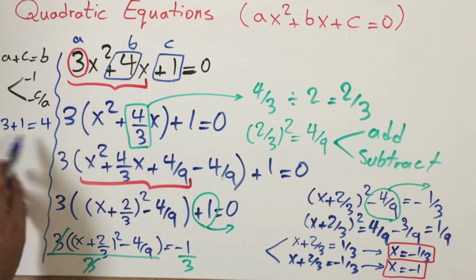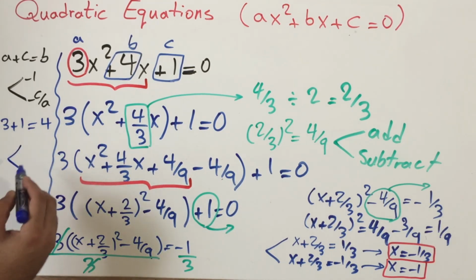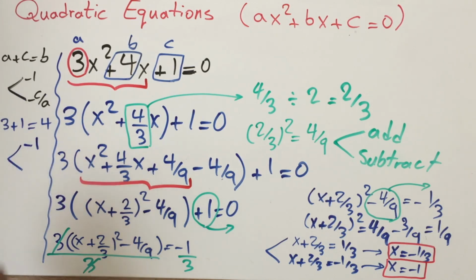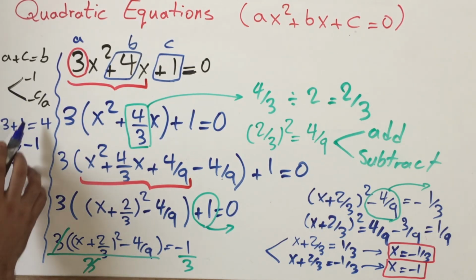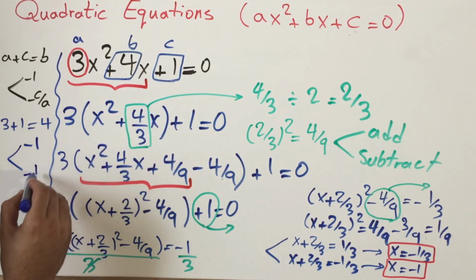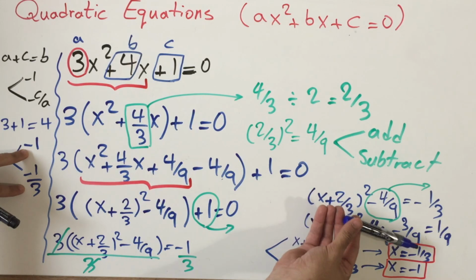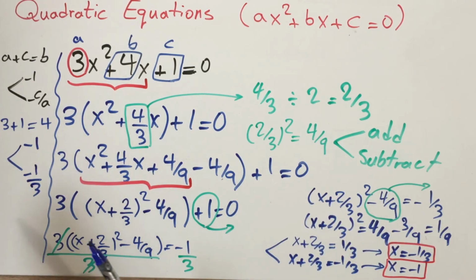This equation is correct because 3 plus 1 is obviously 4, and 4 is equal to 4. So I can say one of my answers is negative 1, and the other answer is negative C over A. So negative C is negative 1 over A, which is 3. So let's see if it is correct or not. Negative 1 over 3, and as you see here, negative 1 over 3, negative 1.